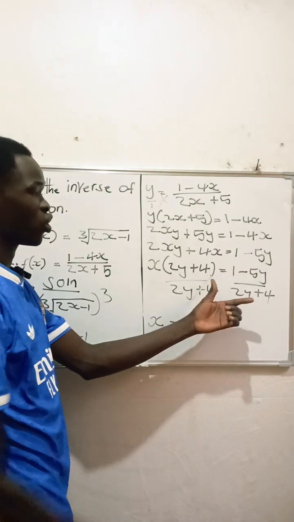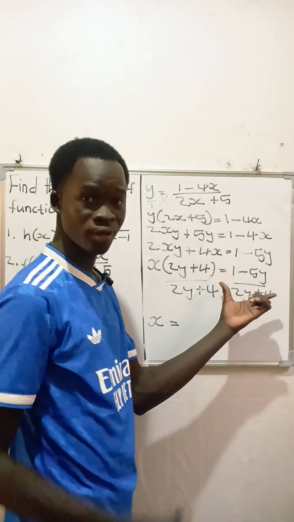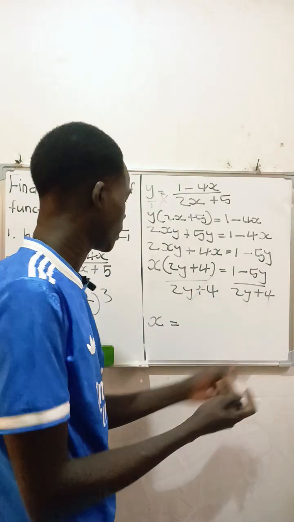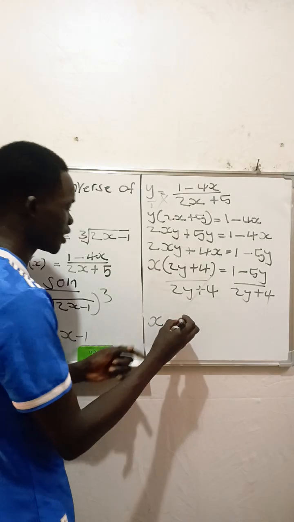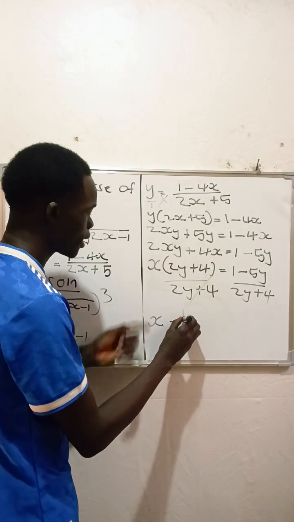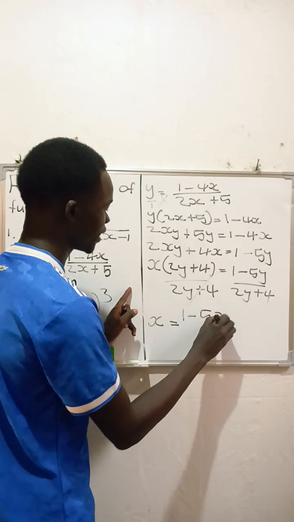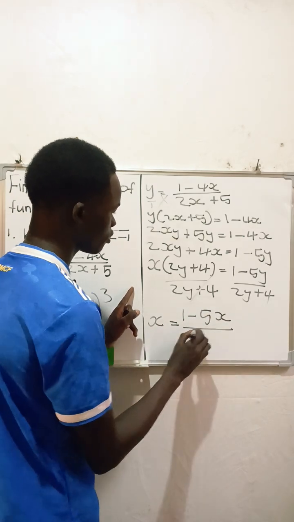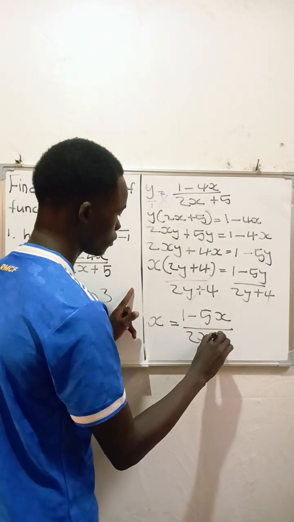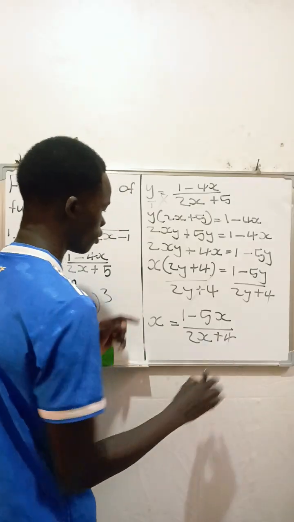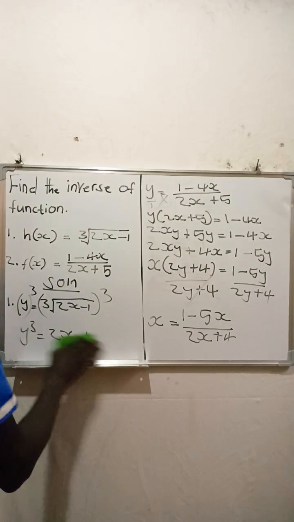But remember, where there is y, we are going to substitute x. So x is equal to 1 minus 5x all over 2x plus 4.